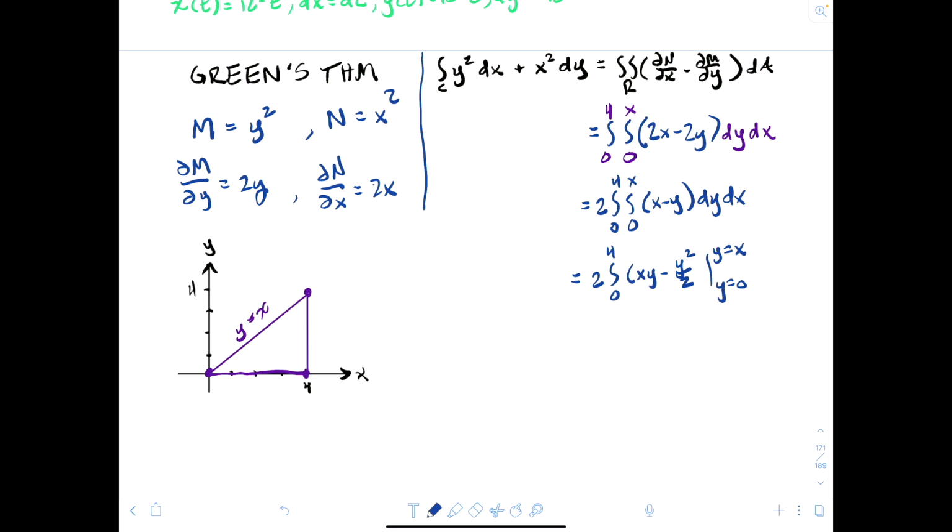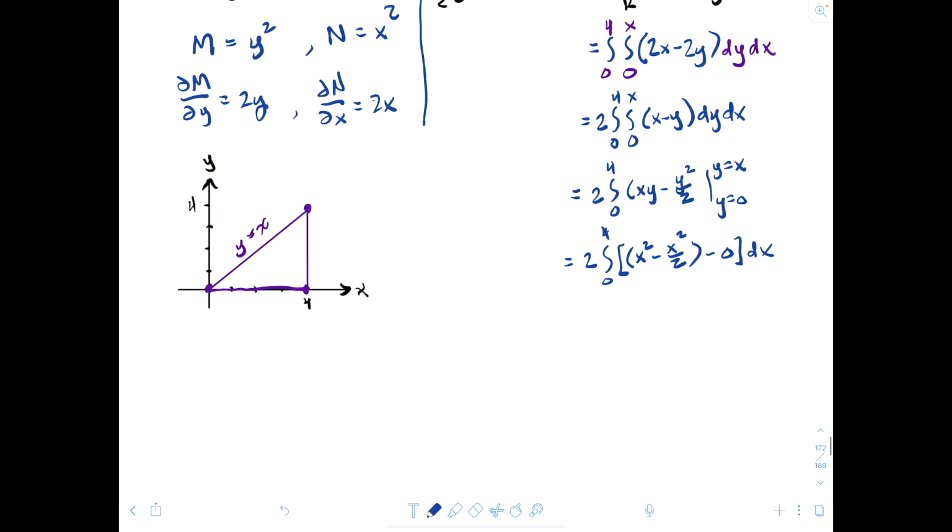So then that will be 2 times the integral from 0 to 4 of, let's see, our upper limit of integration will be x times x is x squared minus x squared over 2. And our lower limit of integration will zero out. Are you okay with that? Awesome. And then we'll still have our dx hanging out.